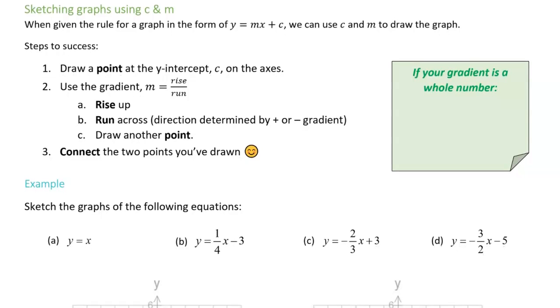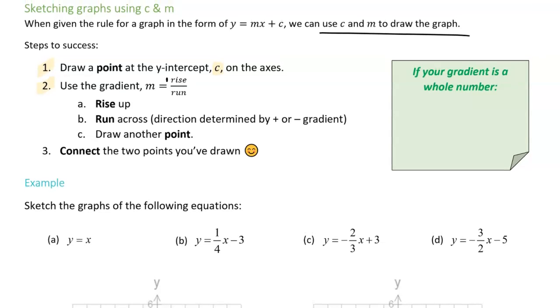Now, what we've been building towards, we want to sketch graphs using the y-intercept and the gradient. So we can use that y-intercept and m to draw a graph. So here are our steps to success. Number 1, we want to draw a point at the y-intercept, and that's our c value, on our set of axes. Number 2, we're going to use the gradient as plus or minus rise over run.